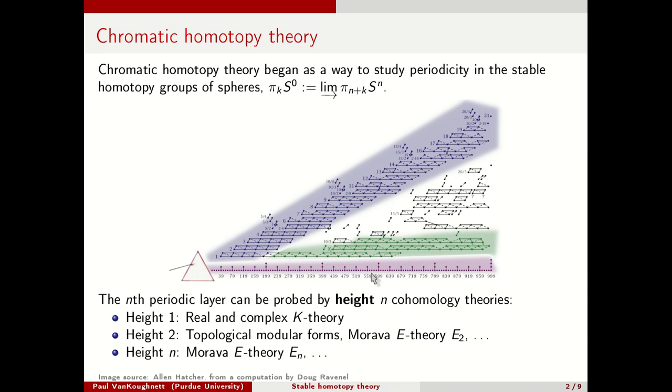At height 1, we have things that are accessible through real and complex K-theory. At height 2, these patterns can be accessed by topological modular forms and other designer cohomology theories that have been made to study these patterns. And in general, at height n, there are certain theories that have been constructed to isolate height n phenomena.